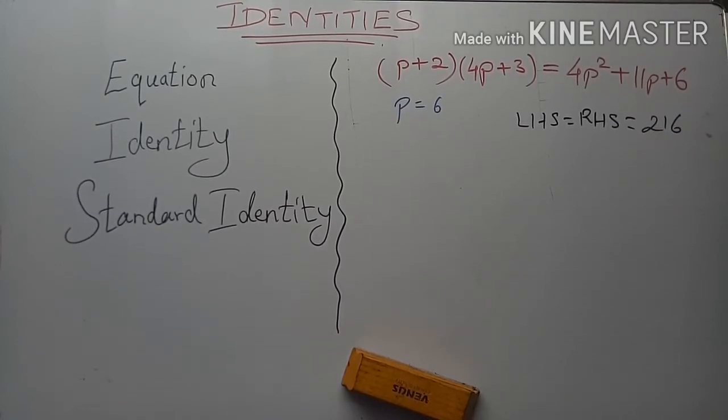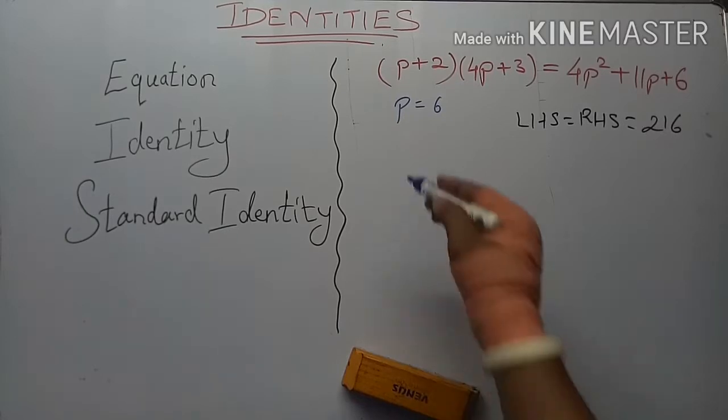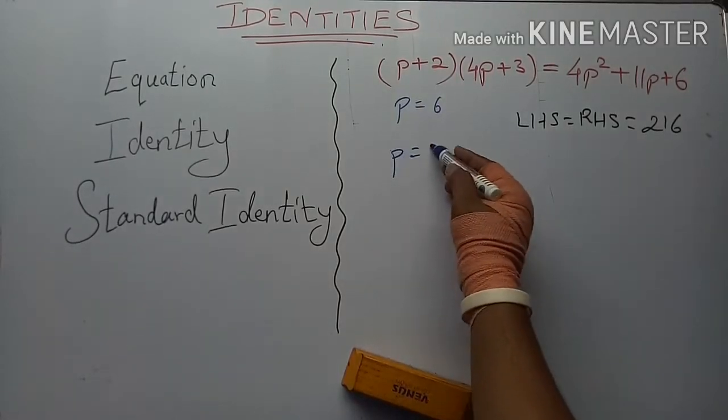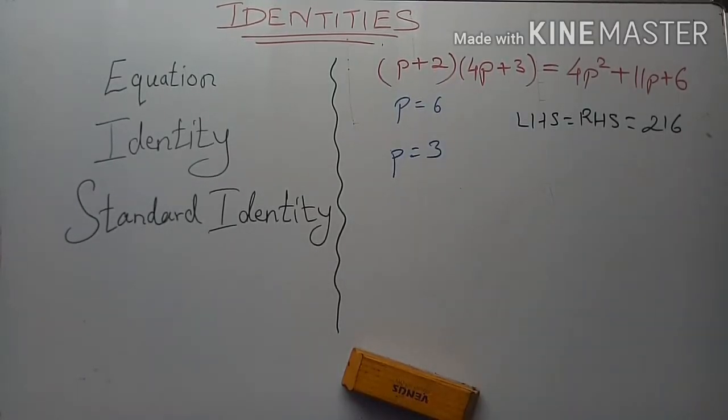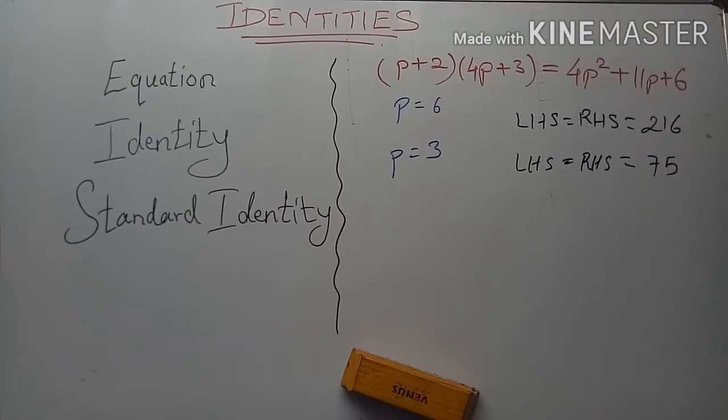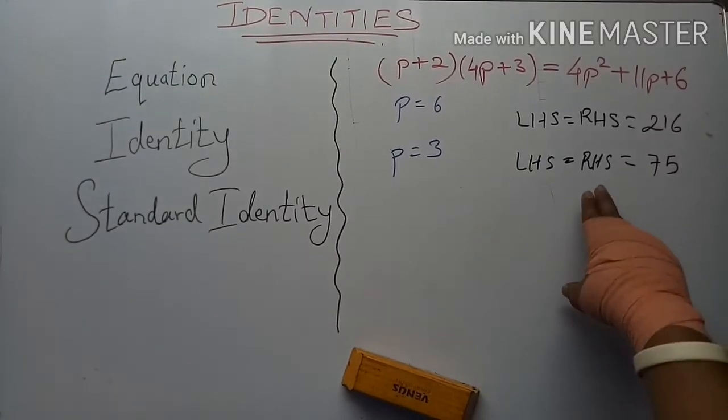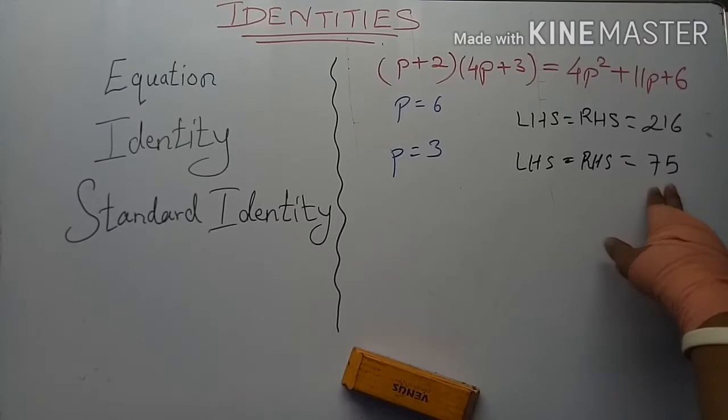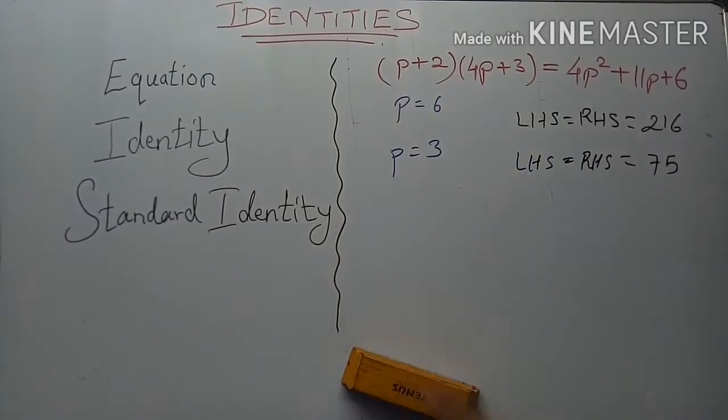Now take any other random example, maybe P is equal to 3, and find the value of the above LHS and RHS and find if the LHS is equal to RHS or not. Pause the video and solve it on your own. So when you solve LHS and RHS, they both come as 75 when we consider P is equal to 3.